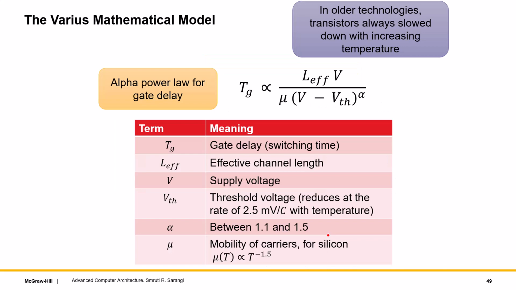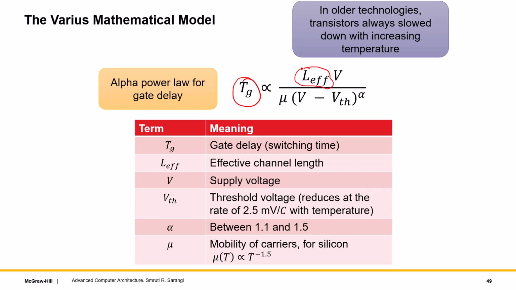So let's now try to create a mathematical model to model variation. We have seen the alpha power law earlier, and I would like to bring that forward. We had seen this in the DVFS part, in the ED square part. The gate delay is essentially proportional to the effective channel length, right?